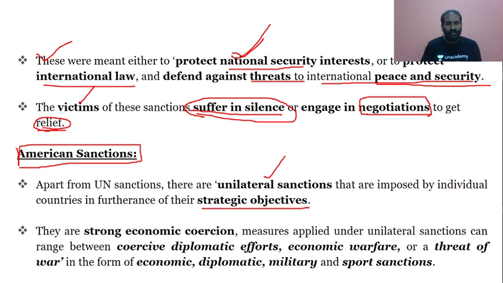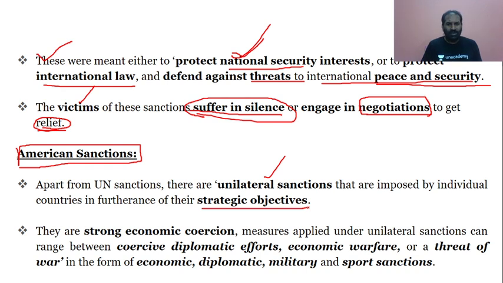But if the US feels that any country is against its decision, it could be Russia, or Iran, or Iraq. We have seen in the past the US has gone ahead with unilateral economic sanctions on those countries, that is Russia, Iran, Iraq, and many other countries, even North Korea.